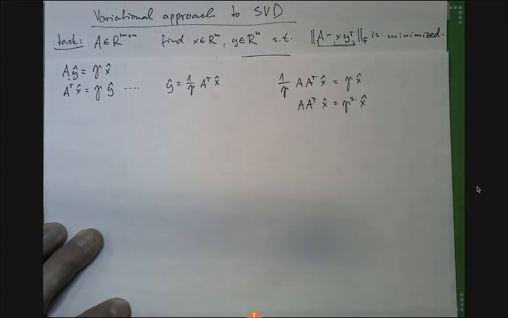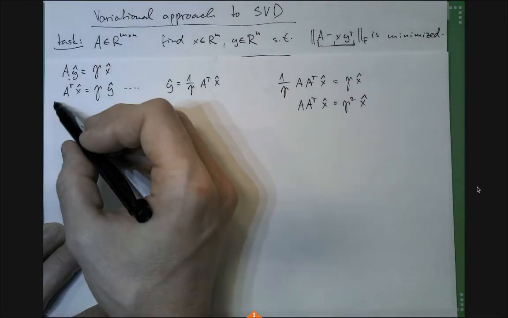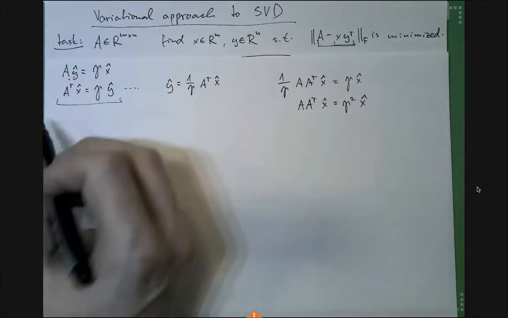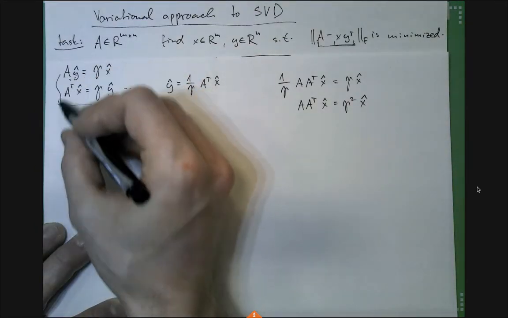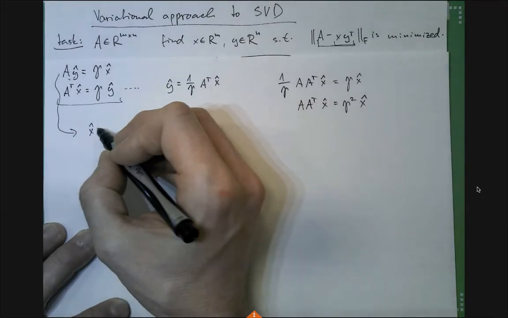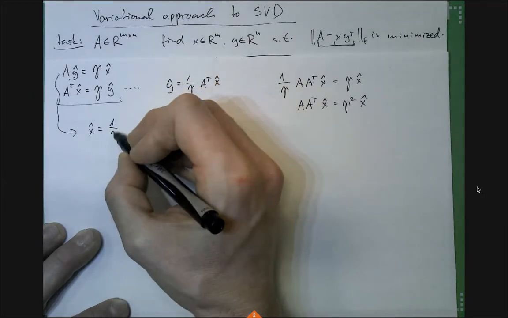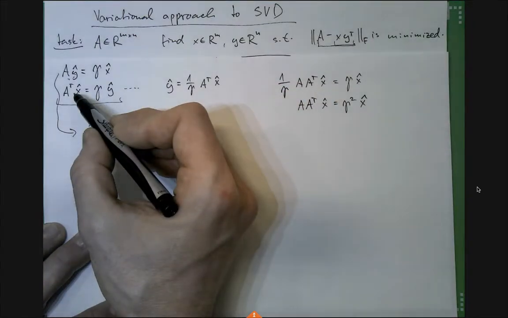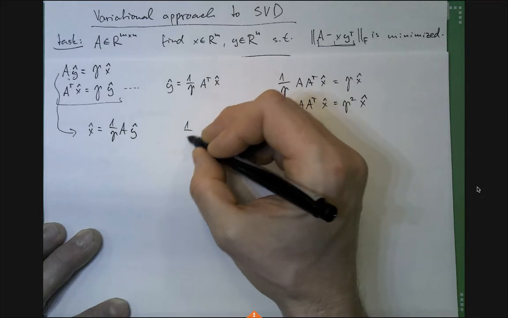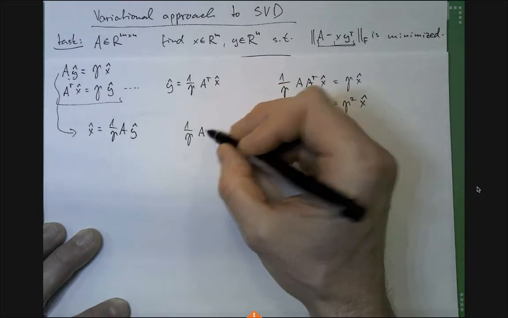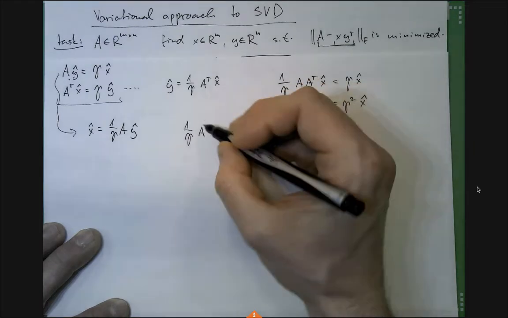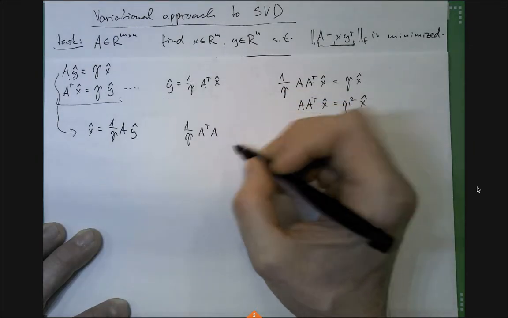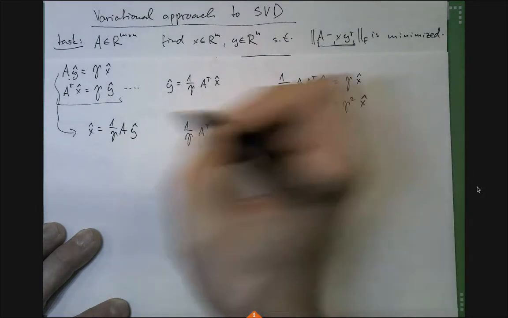I could also go the other way around, actually. Let me do that, just to show you the full picture. I could express x from the first equation, right? So I could write that x hat equals 1 over gamma A y hat, and plug it into the second one, okay? So I would get 1 over gamma A transpose A, again the order matters here very much, and here is y hat, right?